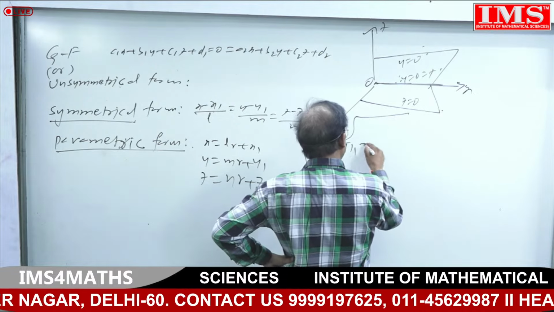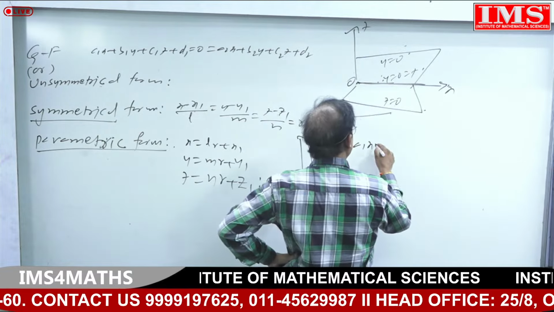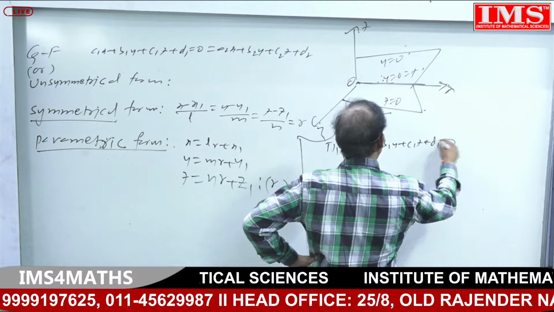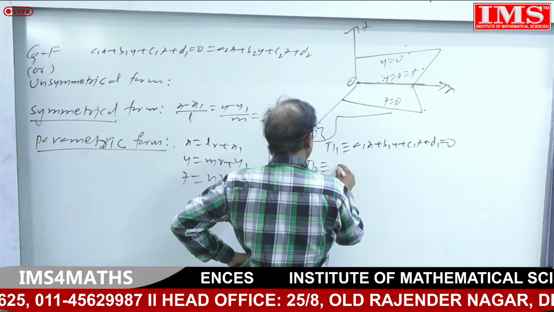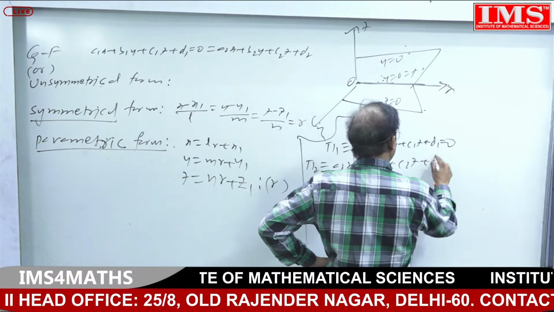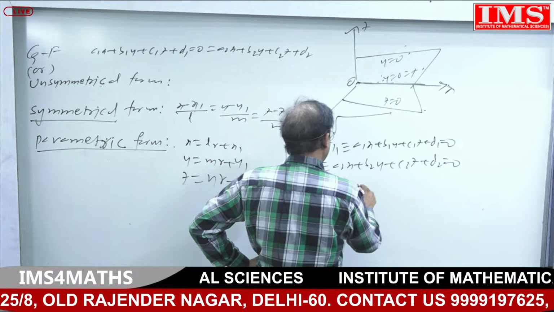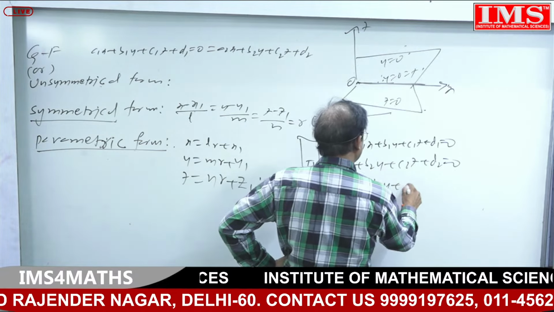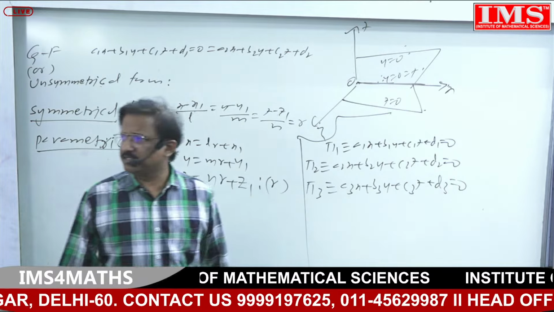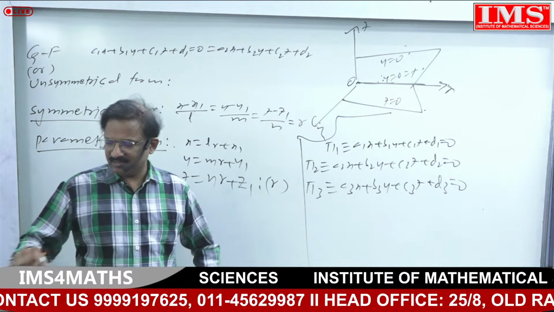I'll write plane 1: a1x plus b1y plus c1z plus d1 equal to 0, and a2x plus b2y plus c2z plus d2 equal to 0, and pi 3: a3x plus b3y plus c3z plus d3 equal to 0. These are the three planes, right?